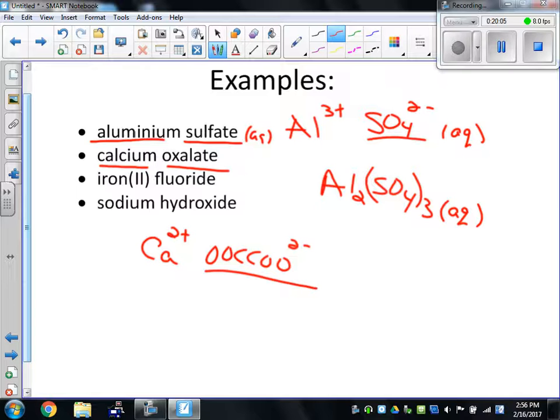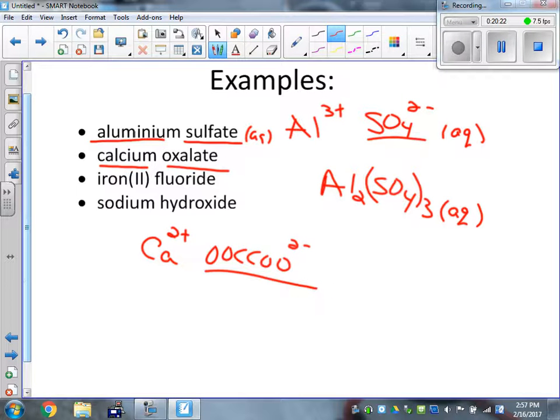Where's Ca2+? Do you see Ca2+ up here, or is it down in the most category? It's not up here, so by default, it must be down here.